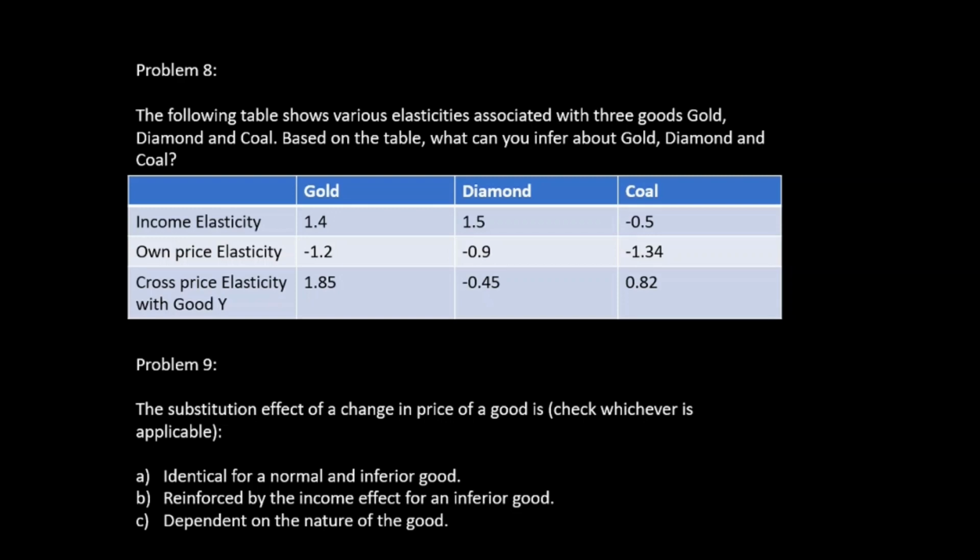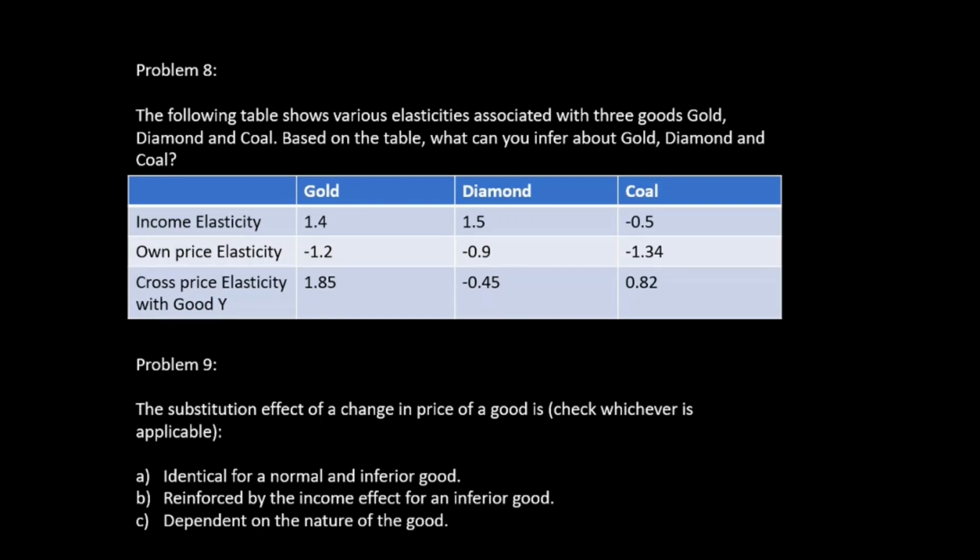Now moving on to the next problem. The substitution effect of a change in the price of a good is, let's look at the first option, identical for normal and inferior goods? Definitely not. Okay. So what happens in case of normal goods, the substitution effect is much more, because the income effect also reinforces the substitution effect.